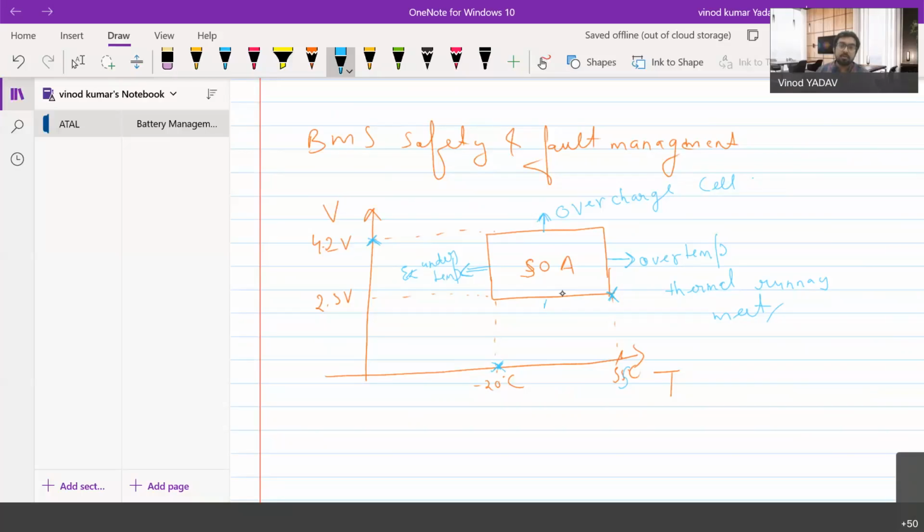If our battery is working in this region, that is below the permissible voltage value, what will happen here? This is basically the state of over discharge or undercharge.